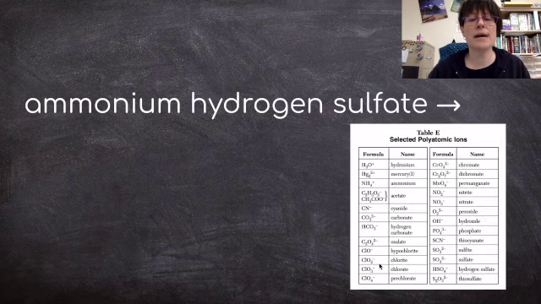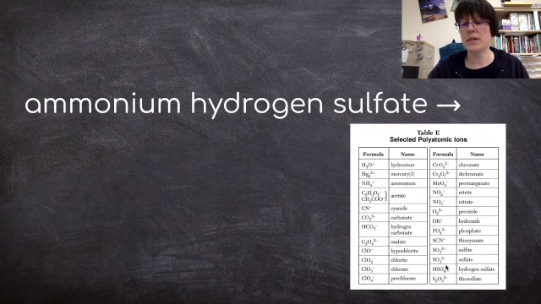Then ammonium hydrogen sulfate. So I see ammonium and I remember that. So we're going from the name to the formula now. So ammonium is NH4 positive, so I'm going to write that down on my paper with parentheses. And then I have hydrogen sulfate, which I look up right here, HSO4 negative, hydrogen sulfate.